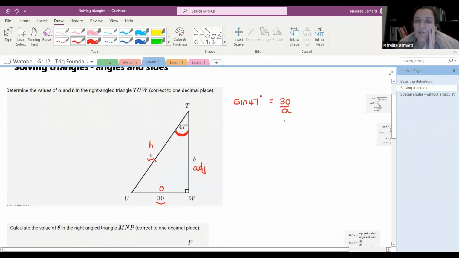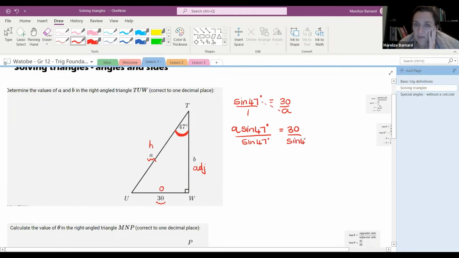Now we have to solve for the A, okay? And to solve for the A, we are going to cross multiply the A with the sine 47 and the one with the 30. And because we need to get A by itself, we're going to divide by sine 47. Remember, sine 47 is a number.